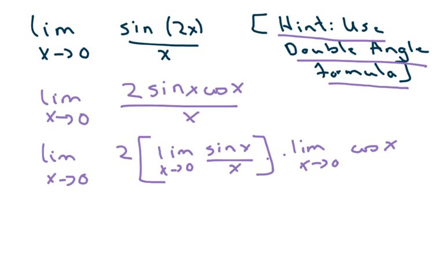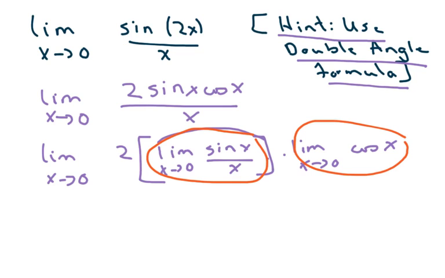Now we know this is 1. Let me do this in red. This is 1, and we know this is 1. So we get 2 times 1 times this piece, which is 1, and that equals 2.